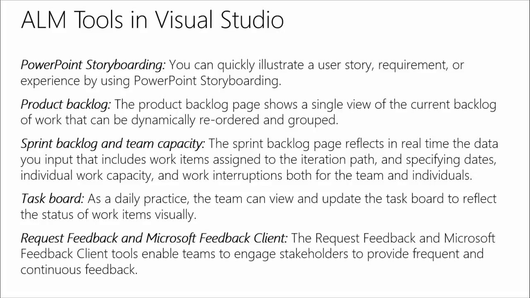The task board reflects the status of the work items visually, and then the last one here, the request feedback and Microsoft Feedback Client, enables teams to engage the stakeholders to provide continuous feedback, which is a big part of any of the Agile methodologies, the continuous feedback loop.